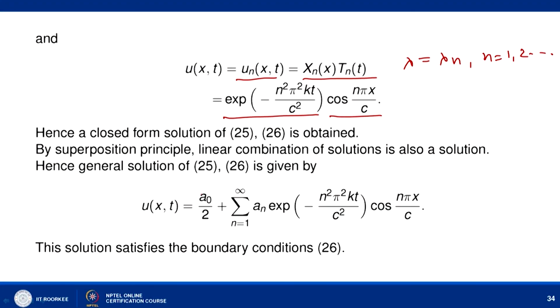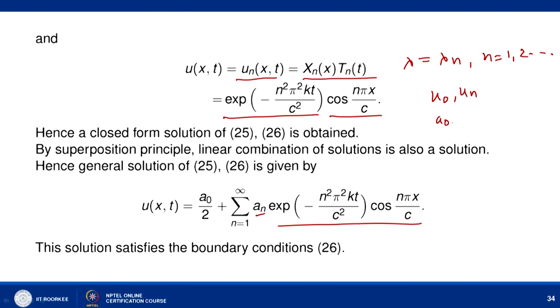So a linear combination of solutions will also be a solution. So here we take a naught by 2 plus a n, and this is X n of x times T n of t. So we already have solutions u naught and u n.